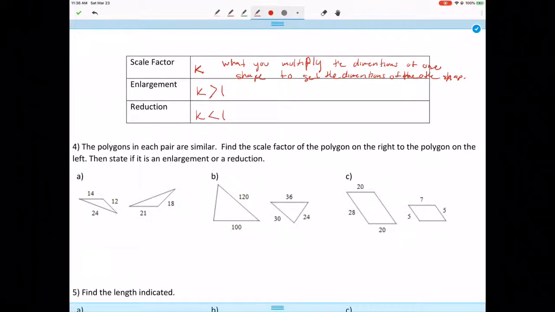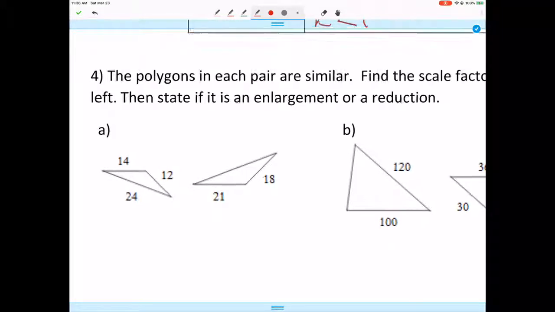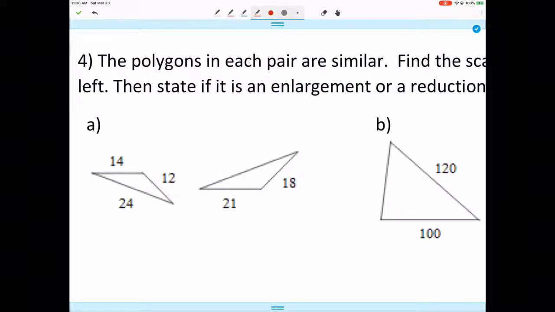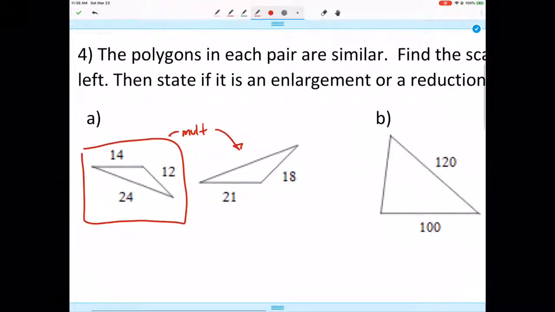It says right to left. So if we're given this triangle, what do we need to multiply to give us this triangle? That's what we're trying to find.